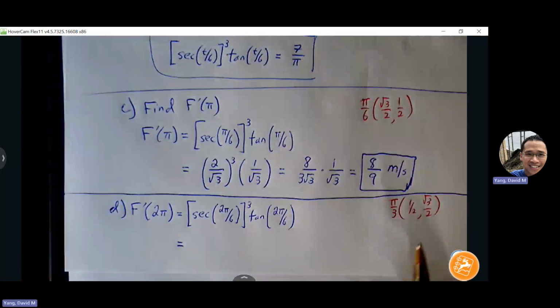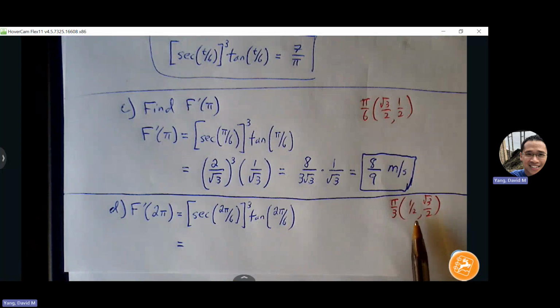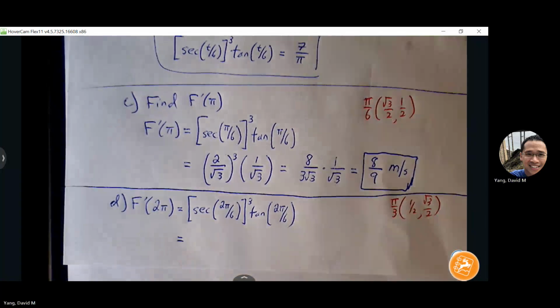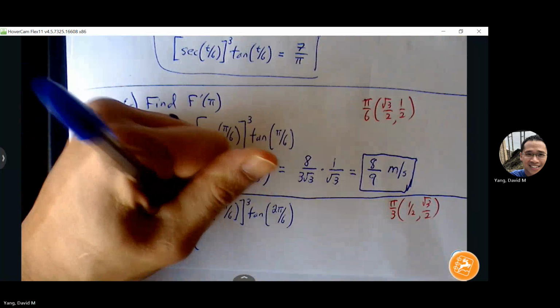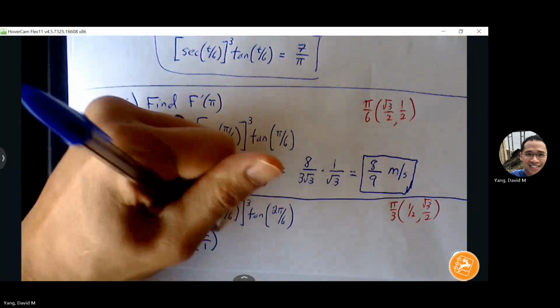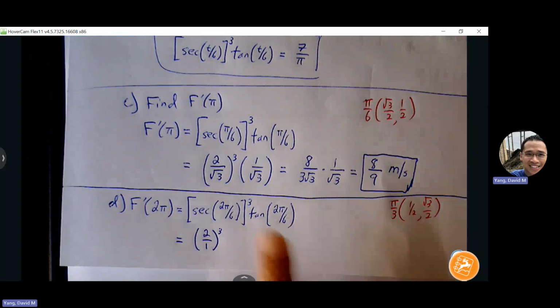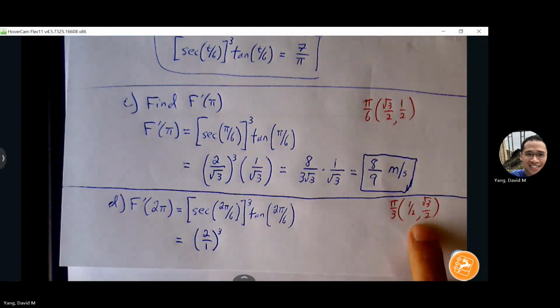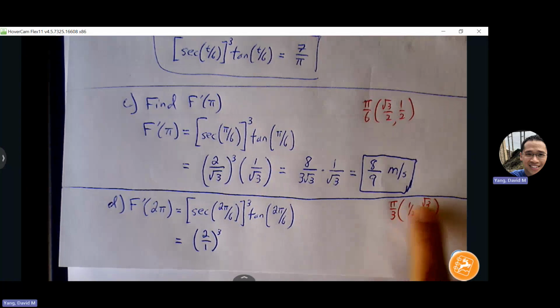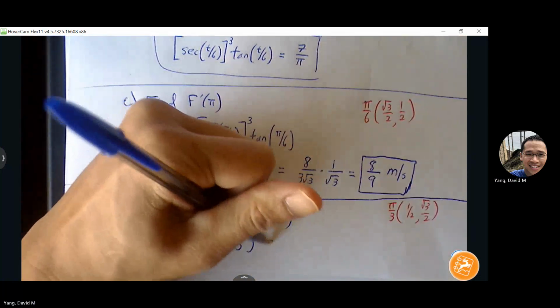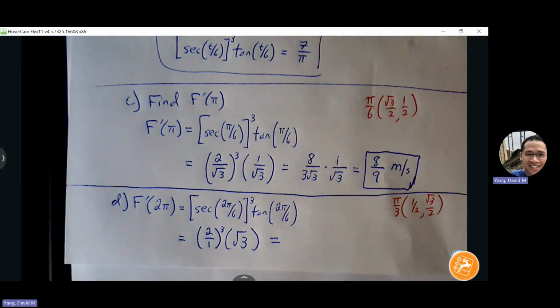The ordered pair at pi over 3 is 1/2, comma root 3 over 2. So secant of pi over 3 is related to cosine. Cosine is 1/2, so secant must be 2 over 1. What's tangent of pi over 3? Just root 3, right? Root 3 over 1 is just root 3. 2 cubed is 8.